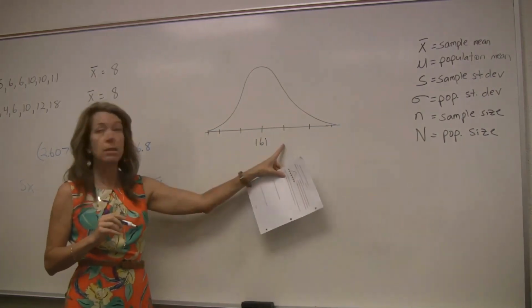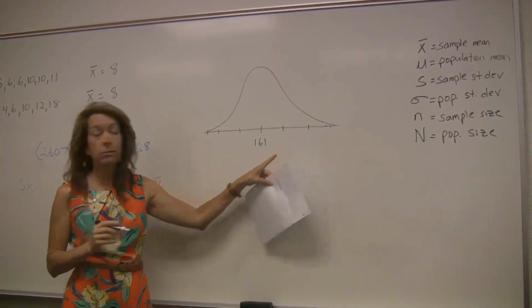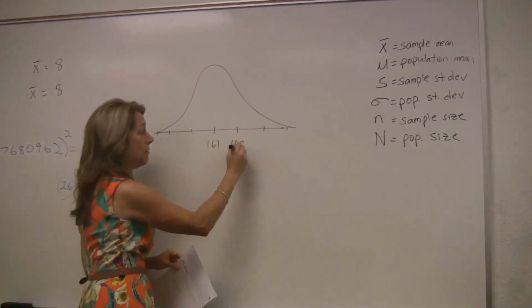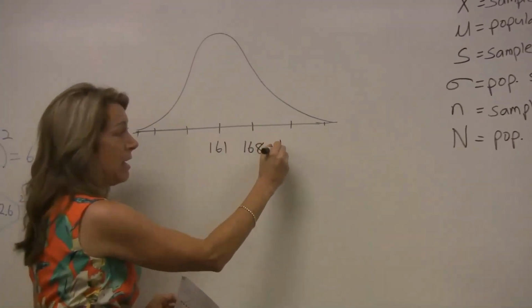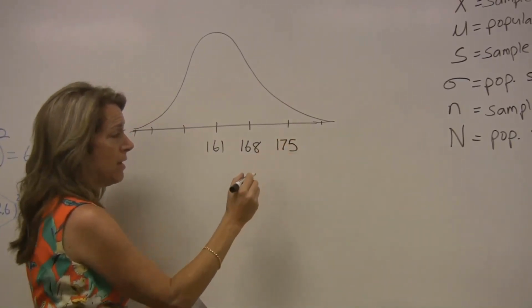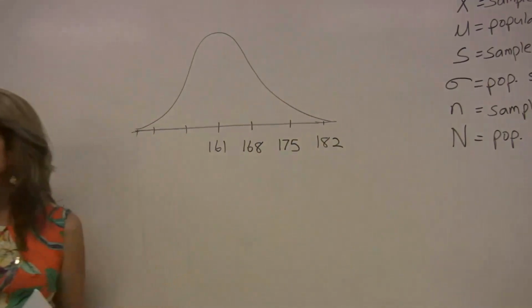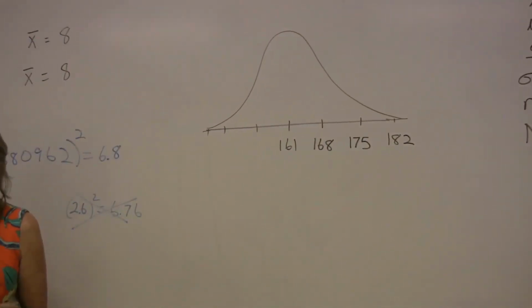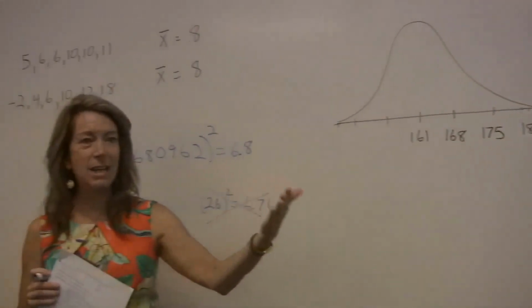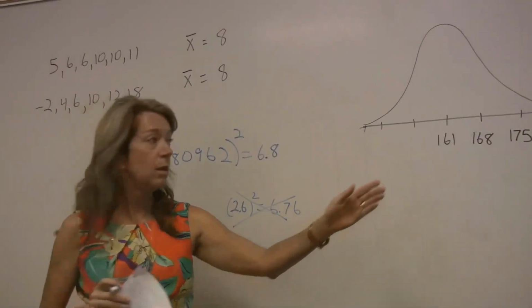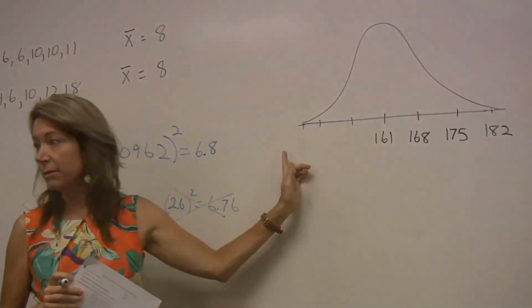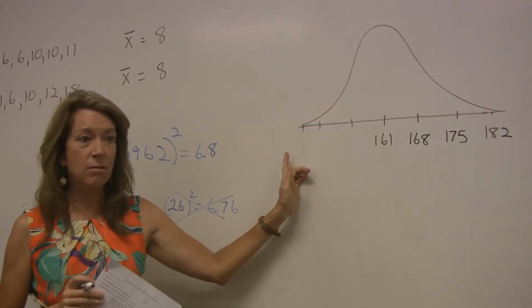So the next number over here would be 168. If I add 7 again, 175, and I add 7 again, 182. Are we all right with where those numbers are coming from? Adding the standard deviation. And then if I go this way, I'm going to subtract the standard deviation.